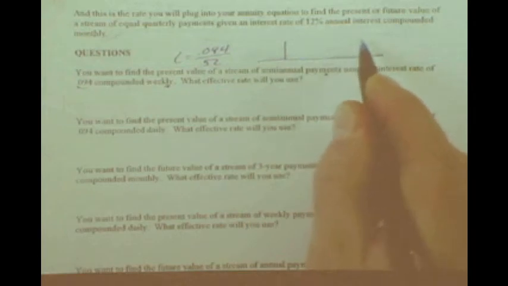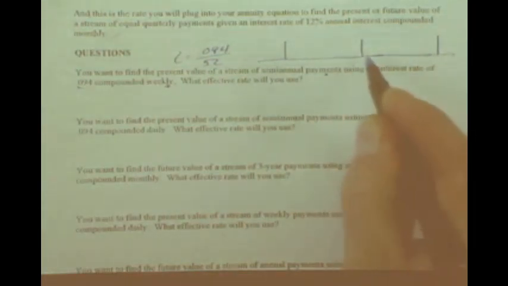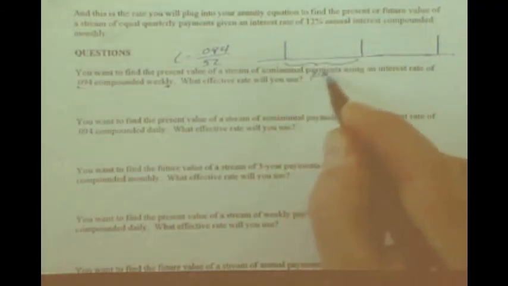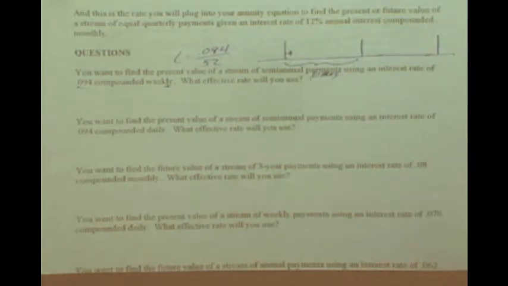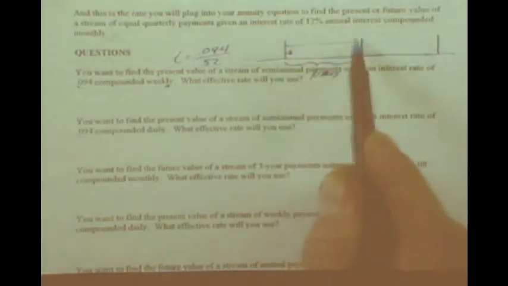And the problem is that we have a full 6 months between payments. The interest rate that we've been given only spans a week, a very short period of time. We need to build an interest rate that spans the whole 6 months.